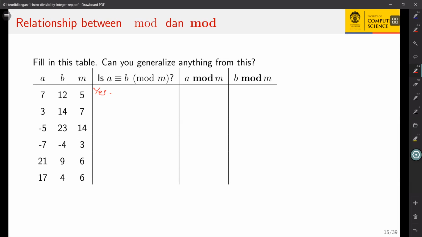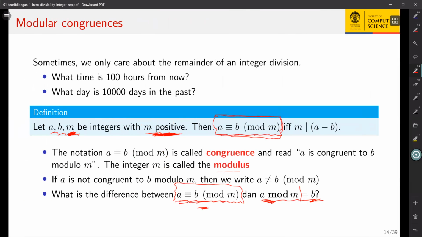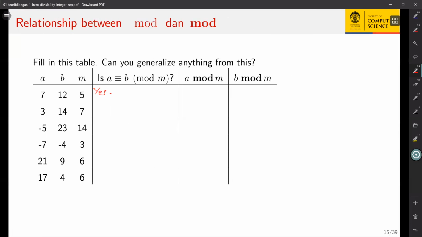Okay, that's okay. So let's have a look at this definition, right? A is congruent to B modulo M if and only if M divides A minus B. Now try this.